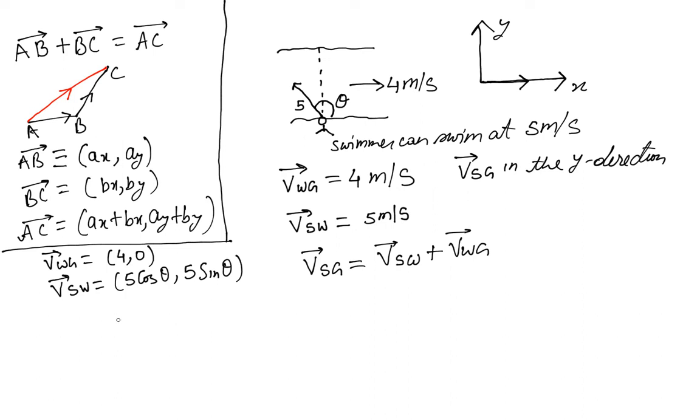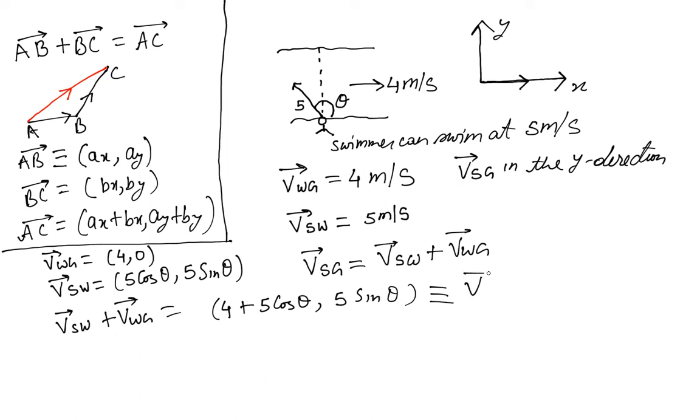Okay, so let's add VSW plus VWG, which is the right hand side of this equation. And if we do that, what do we get? We get 4 plus 5 cos theta, comma 5 sin theta, and this is nothing but VSG, right?